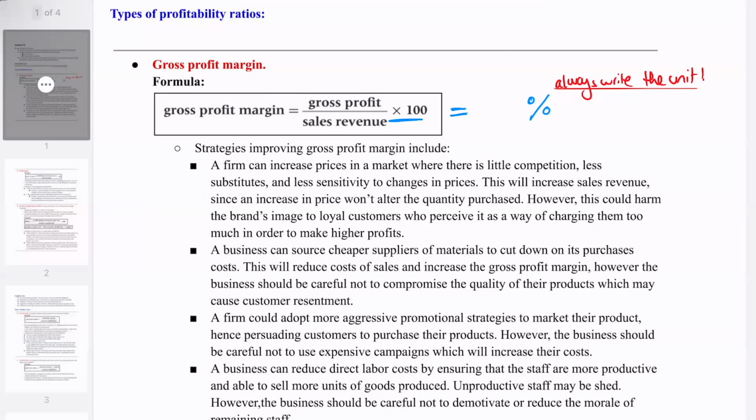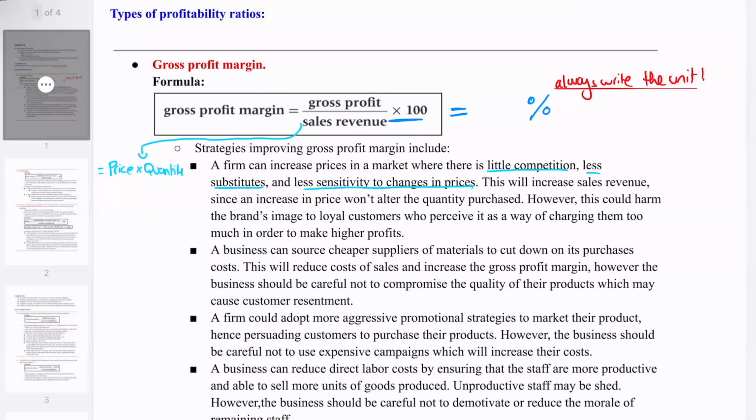What are some strategies that you can use to improve your profit margin? The first thing a firm can do is increase prices in a market where there is little competition: little competition, fewer substitutes, and less sensitivity to changes in prices. I'll explain this thoroughly, but first one thing: sales revenue is equivalent to price times quantity.